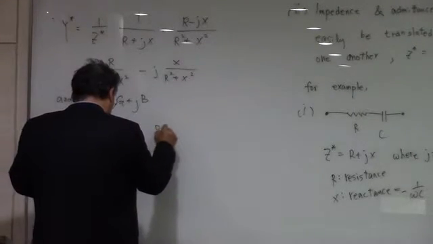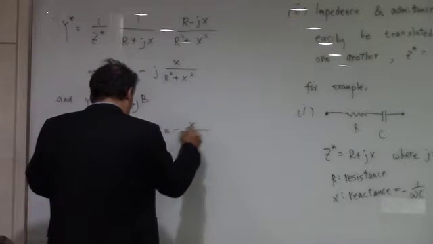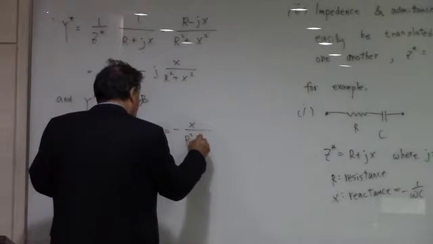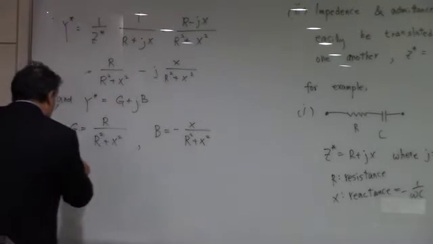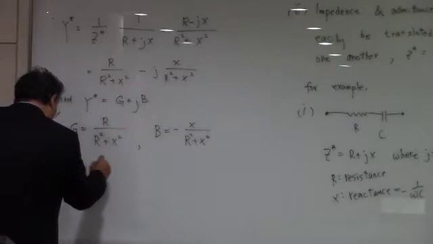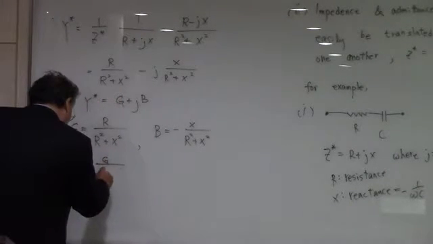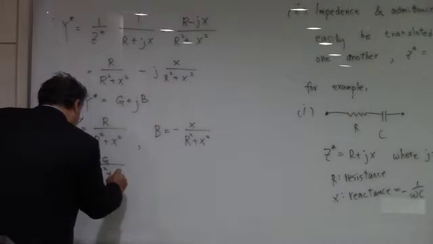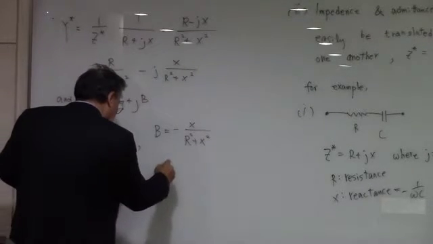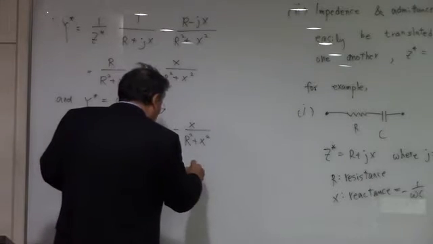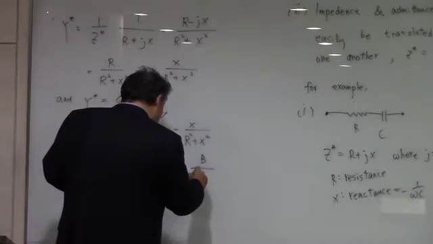B is minus X over R square plus X square. It's just simple mathematics, okay?